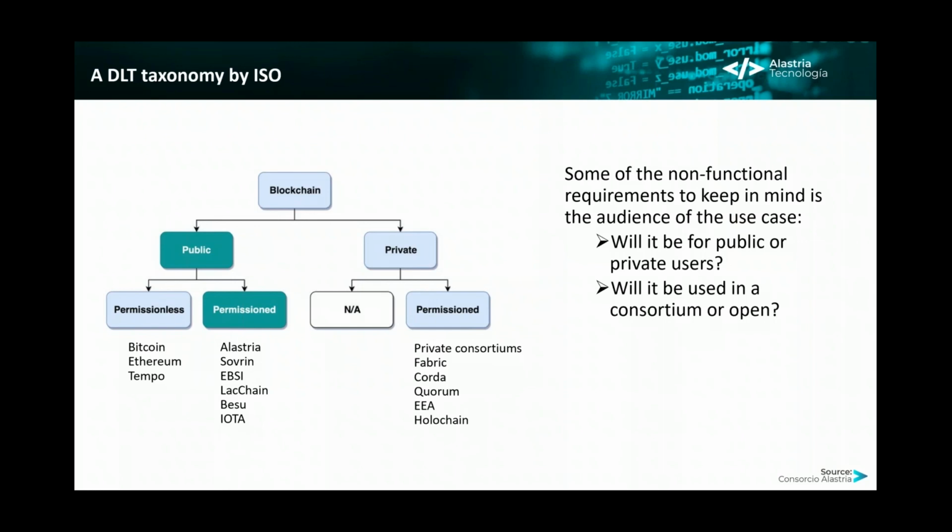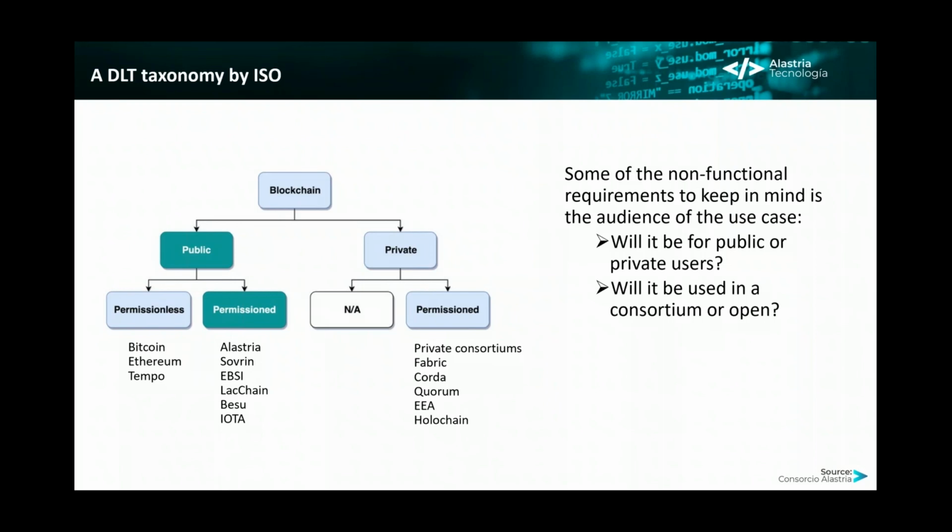And for the permissioned, which is like a private-public, that is where Alastria Red10, the evolution of Quorum, is located. But you also see EPSI, the new network that is going to be created around Europe by the European Commission based on Besu, and also LACchain, another big network created in South America, a private consortium but going to be open to the public.